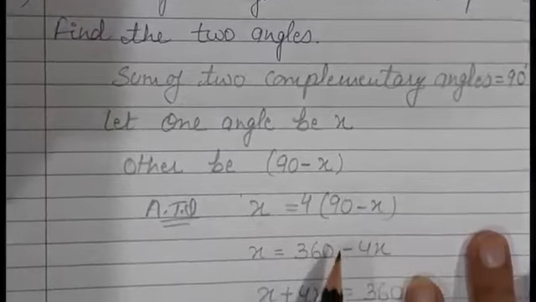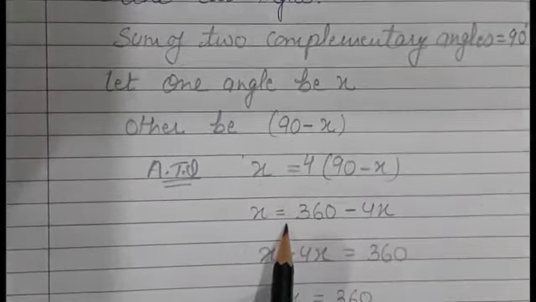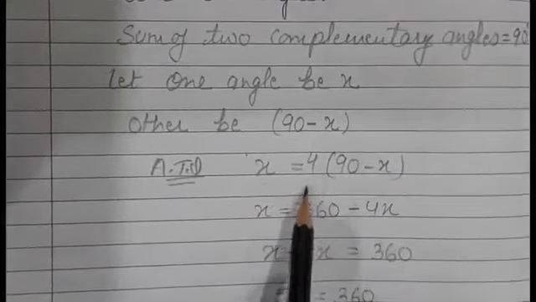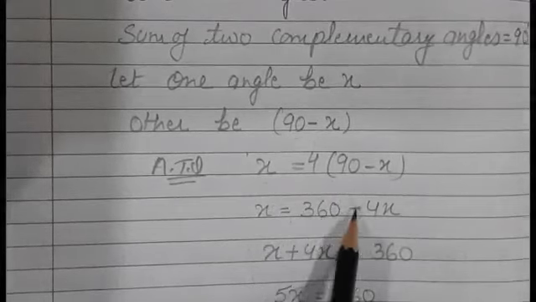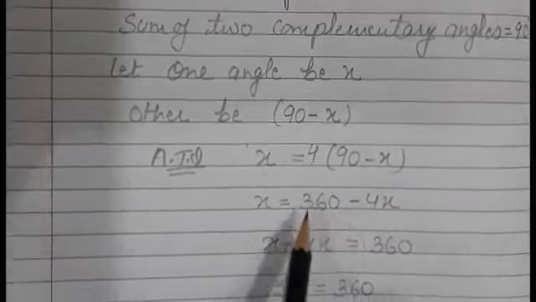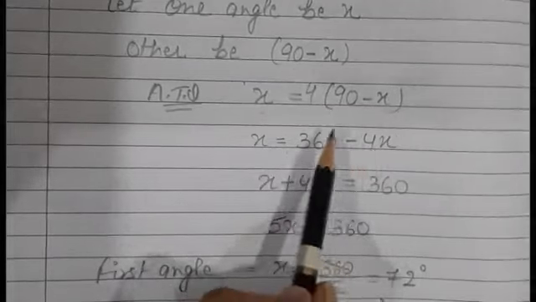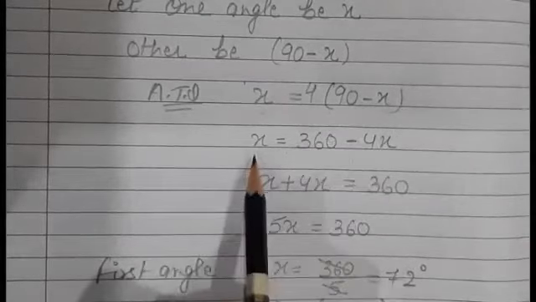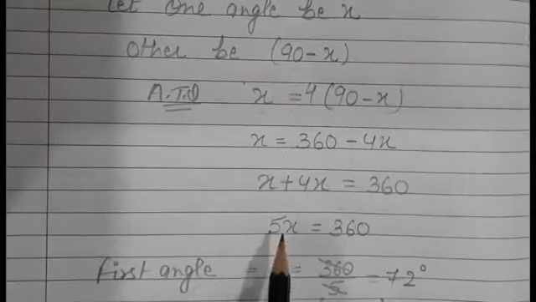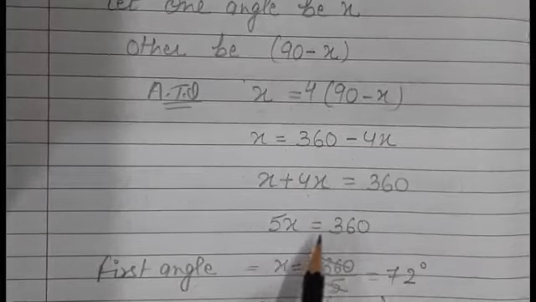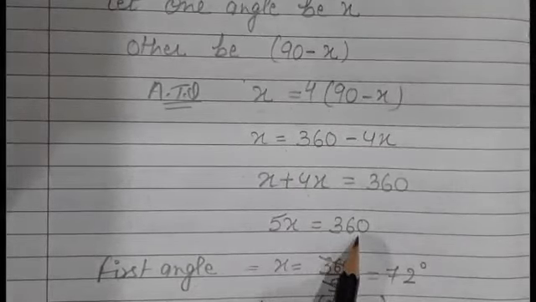Now we have to solve. x equals 360, since 90 into 4 is 360, minus 4x. When we transpose from the right hand side to the left hand side, we have to add. So when we add, 5x equals 360 will come.